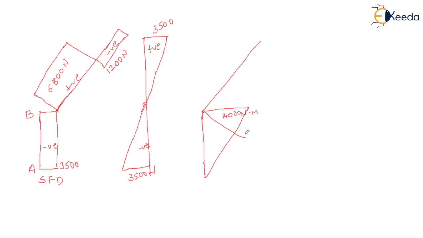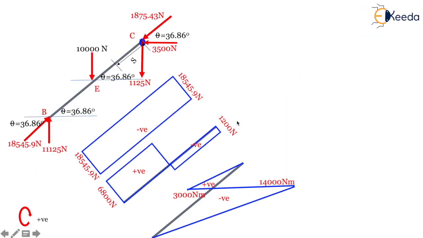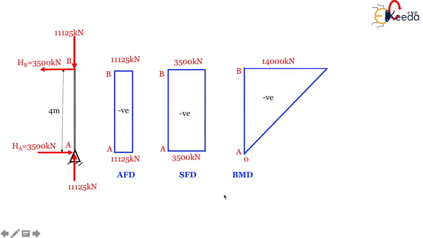Not an exact diagram, this was positive, positive was outside, and then at this point, this is our point B. So I'm sorry, our 14,000 will be like this. Basically you simply have to combine these diagrams. So this is for the slanting member, and this is your first member.